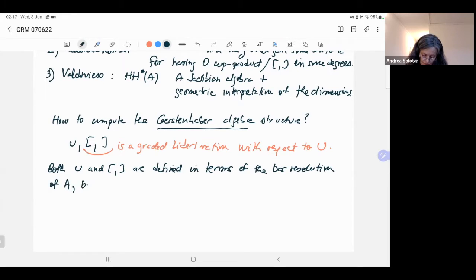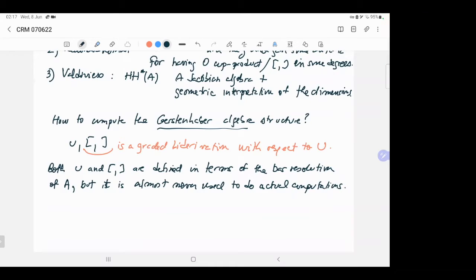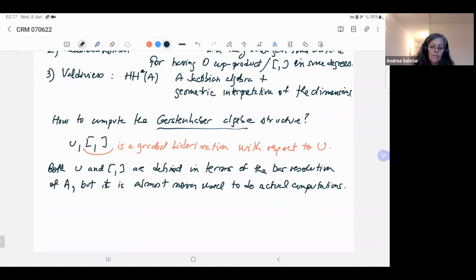The problem is that we almost never use this resolution to do actual computations. So we have the cohomology computed in some way, and the definitions needed for the cap product and the Gerstenhaber bracket in a completely different resolution.